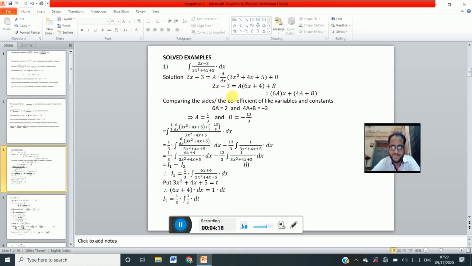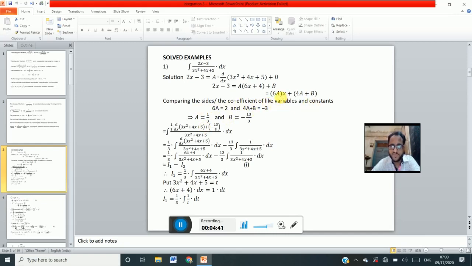2x minus 3 equals A into derivative of 3x square, that is 6x, plus derivative of 4x is 4, plus derivative of 5 is 0, plus B, that is 6A into x plus 4A plus B is a constant. Now comparing both sides, that is the coefficients of like variables and constants from both sides.